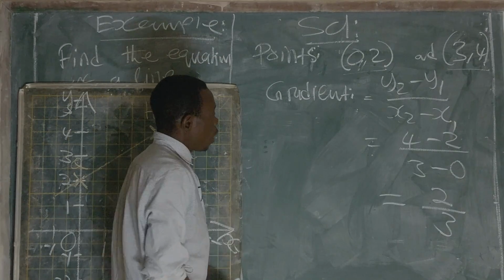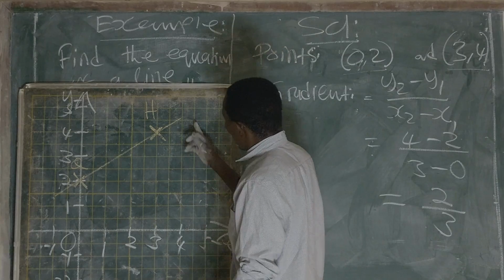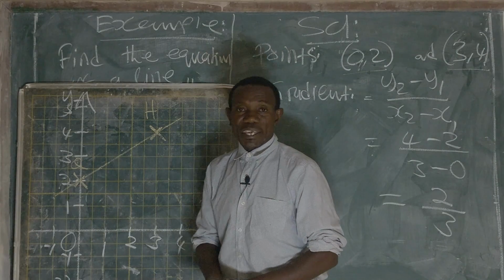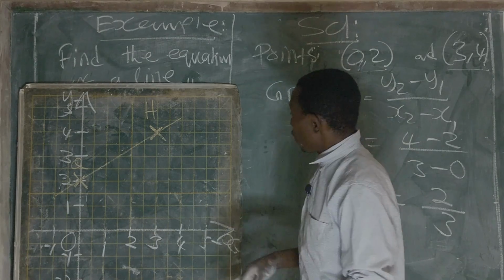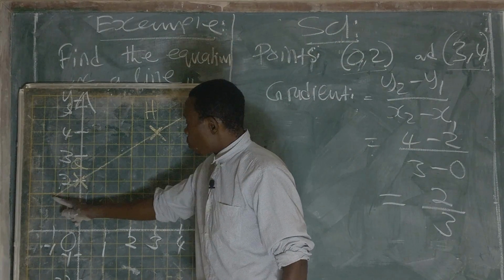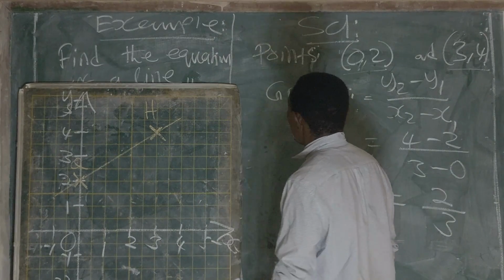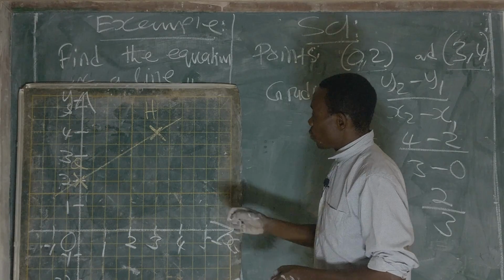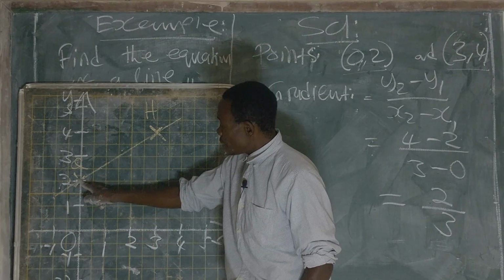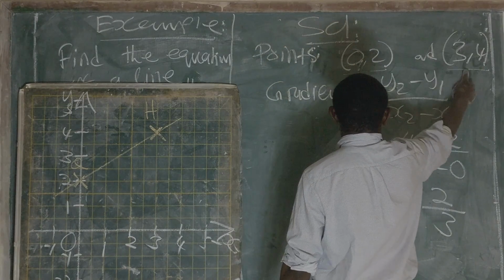What we need to do here is represent all other points within that line by a certain representation, a point that represents all other points not yet included in our discussion. Remember, so far we know the line passes through (0, 2) and (3, 4).